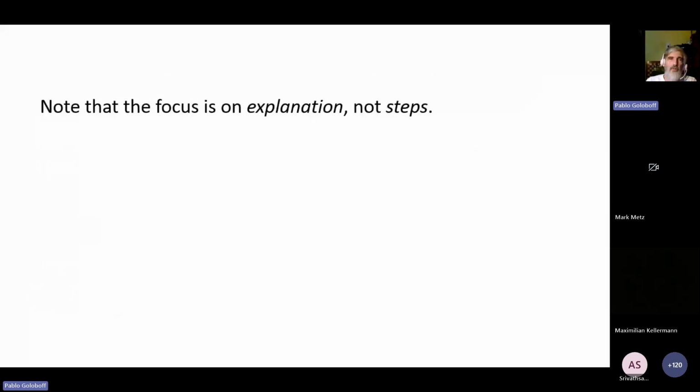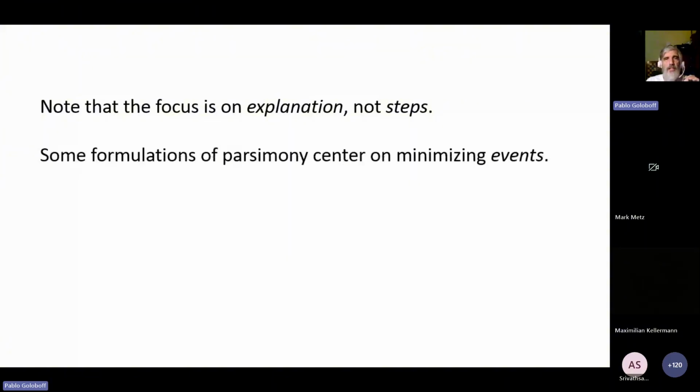Note that the focus here is on explanation of observed similarities, not on steps. There are some formulations of parsimony that center on minimizing events, as if events, the originations themselves were the things that we want to minimize.